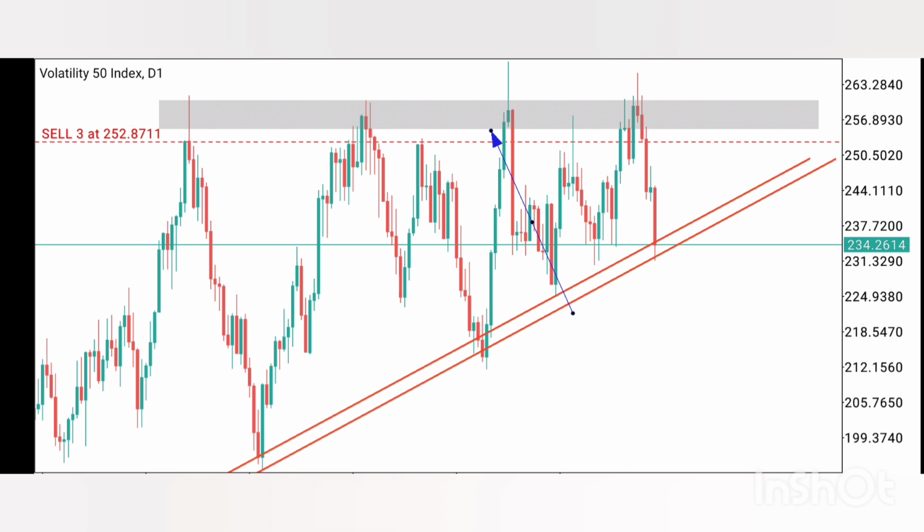Then it respected the level again around September, around October, and around November, towards the ending of November, till this moment. So you can see that that level is a strong level in the market.